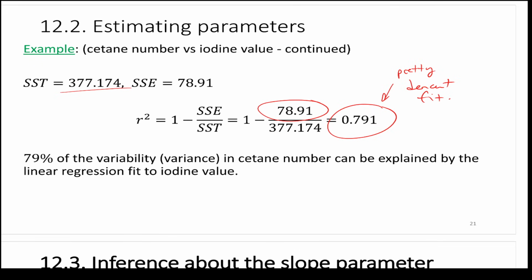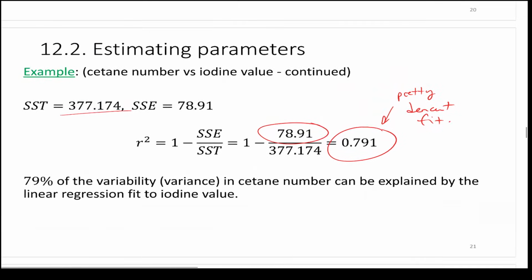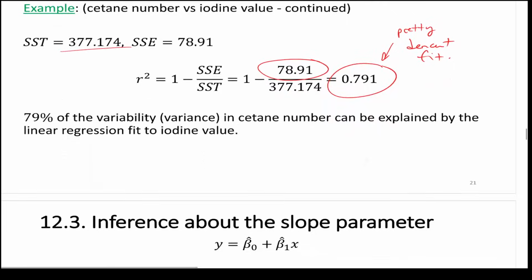If you get closer to 0.9, that's really good. But 0.79 is pretty good too. 0.8 basically. So what this means, 79% of the variability in cetane number can be explained by the linear regression fit to iodine value. So that's what this R-squared value tells you.